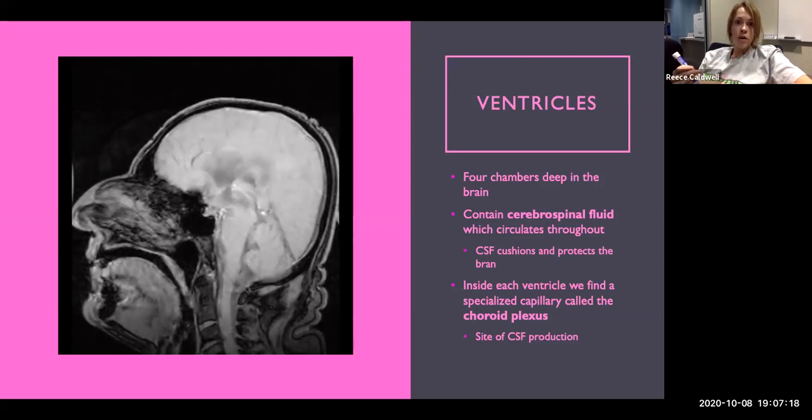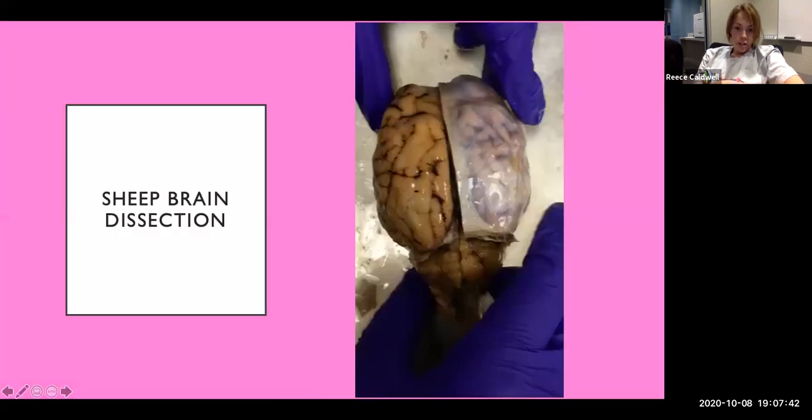So make sure if you ever hit your head really hard and you have liquid coming out of your nose, that's cerebrospinal fluid, and you need to go get that ventricle fixed up real quick, because you will go into a coma or go die. So ventricles, don't want to rupture them because they contain the cerebrospinal fluid, which cushions and protects the brain and spinal cord.